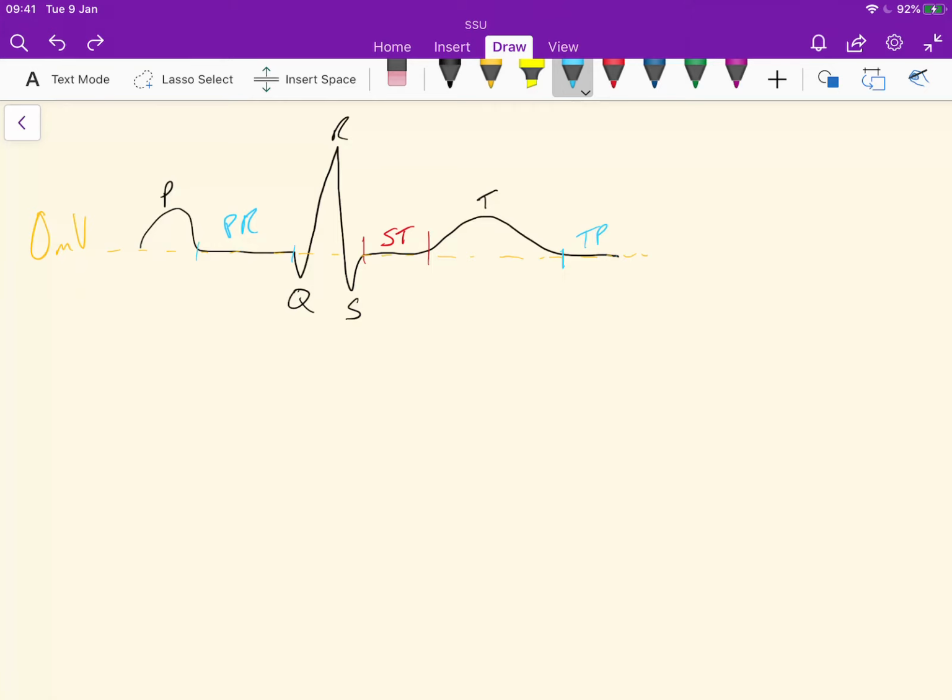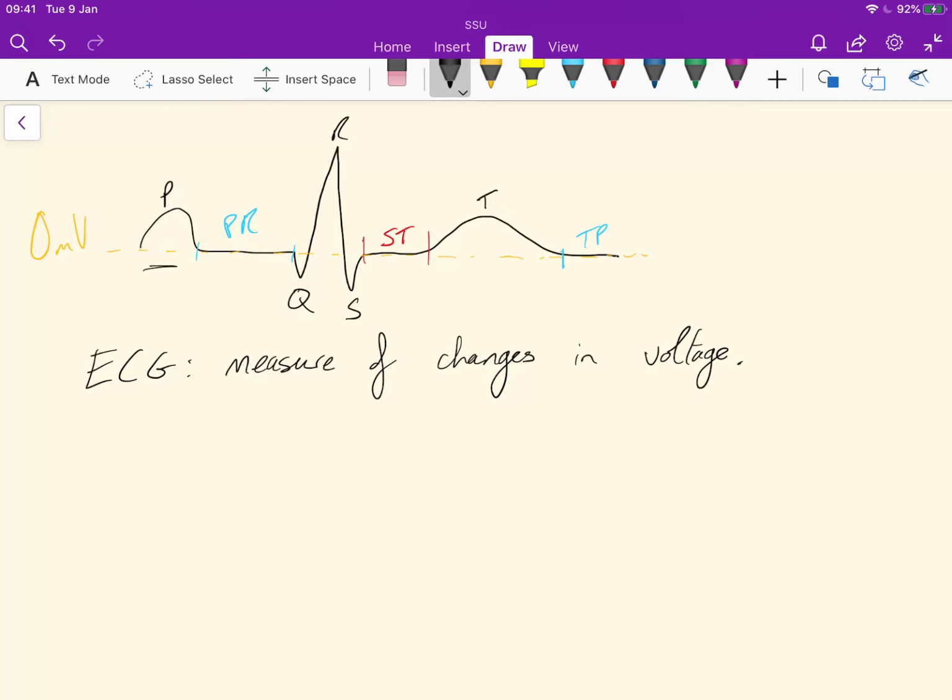And why is that? Well, the ECG tracing is simply a measure of changes in voltage. So with the P wave we have an increase in voltage because we have depolarization firstly, and that depolarization moves towards the overlying lead usually.